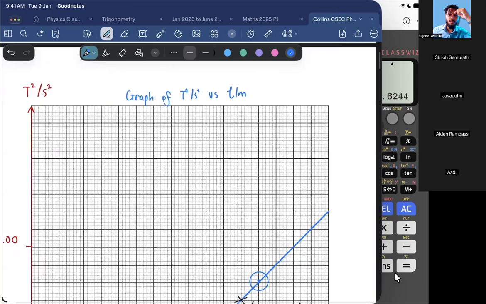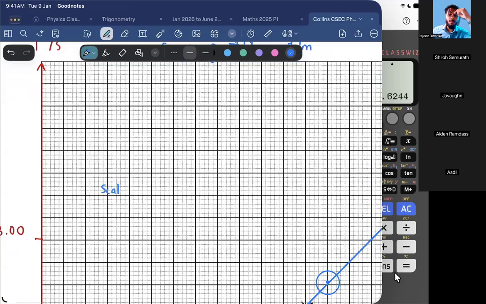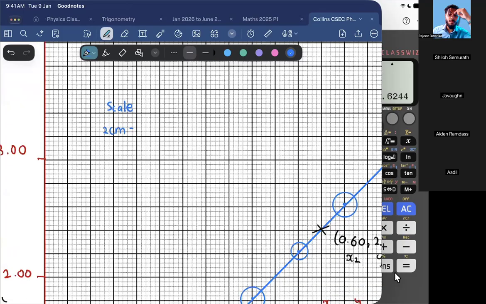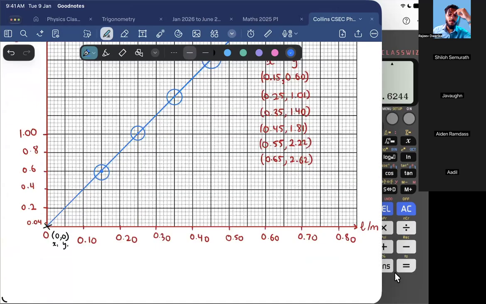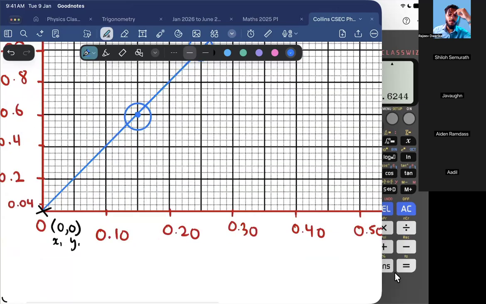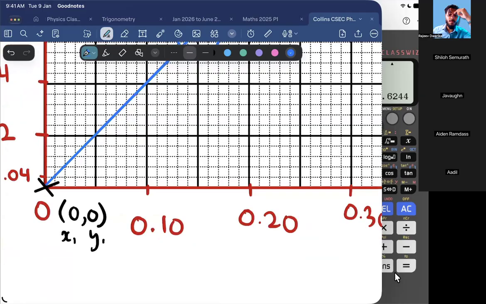And the scale now. You can say every 2 centimeters is equal to what? I'll do the x-axis first. Every 2 centimeters is equal to 0.10.